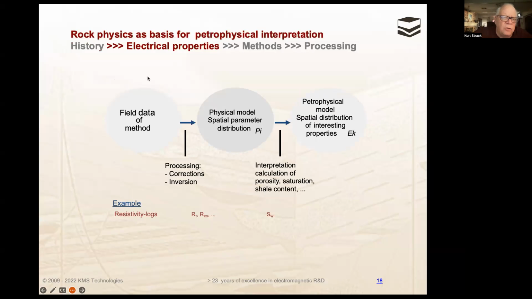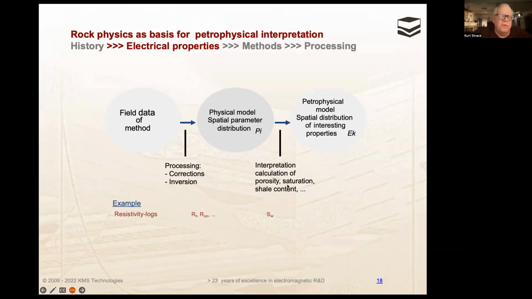We start out with the field measurements, and then we process the data, and we obtain physical parameters like the resistivities. These are resistivities RT and RXO for borehole measurements. And then we translate those to so-called petrophysical measurements.